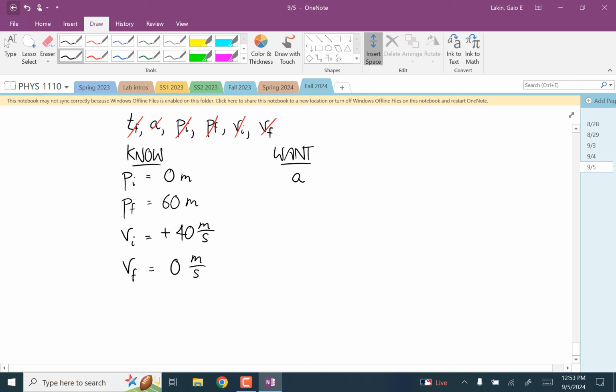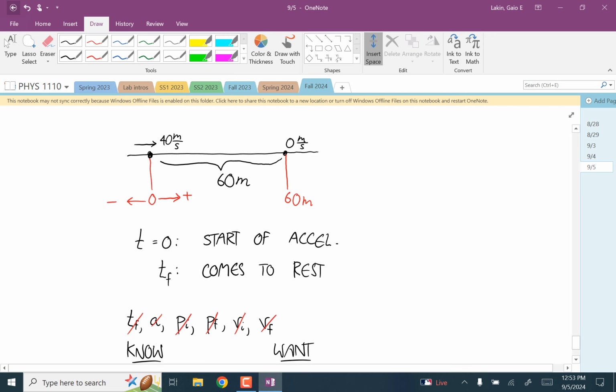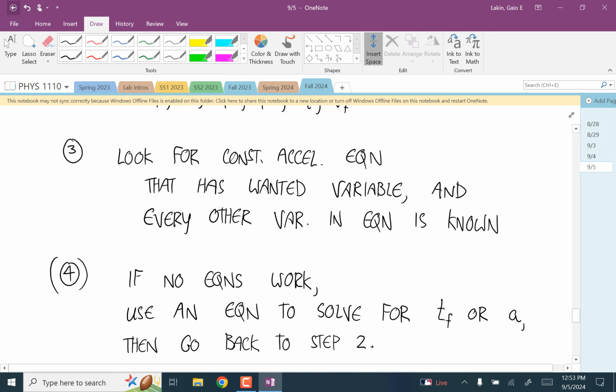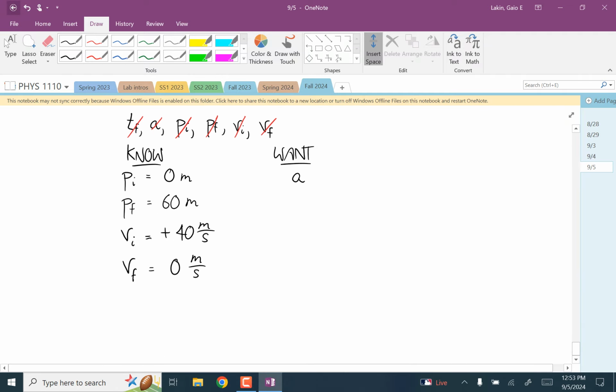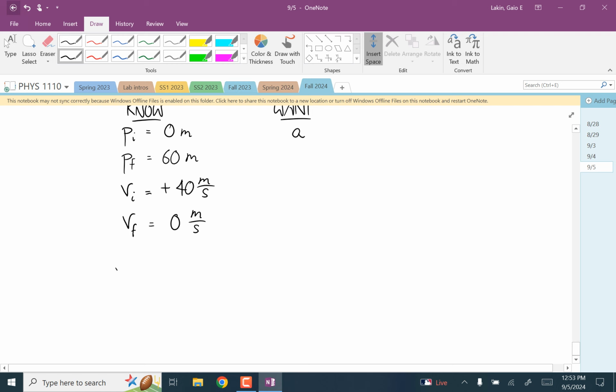Okay, so for the first one, let's just go through the equations one by one and check them out. You can always just guess at one and check if it works. So, okay, let's try the first one. I guess I'll write them down. The first one says V final is equal to V initial plus A times T final. Yeah, right. But don't ruin the surprise for people.